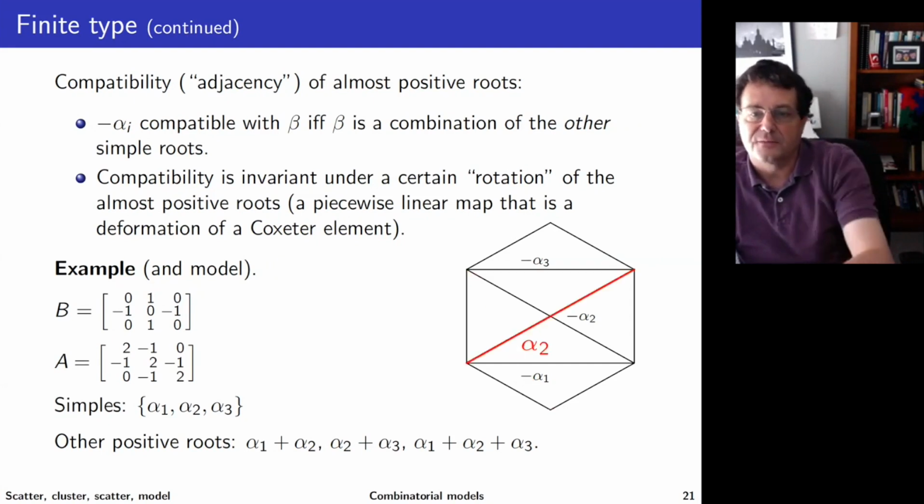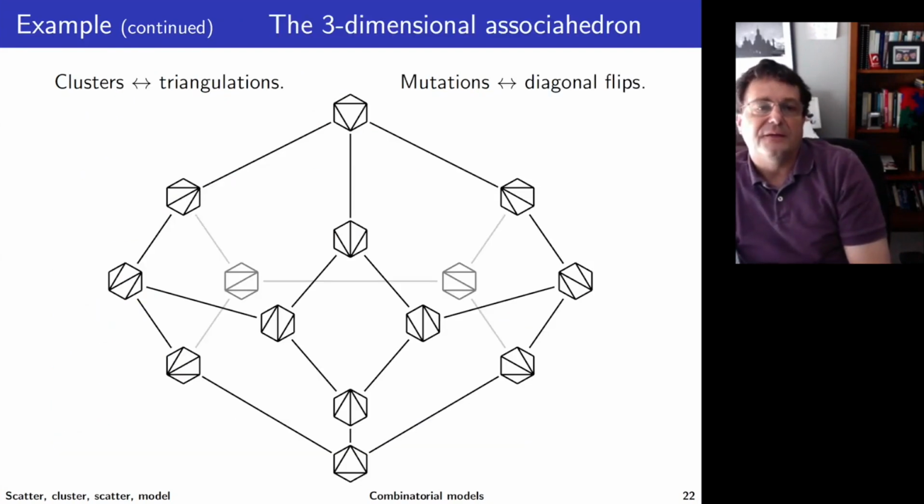In the case where your Cartan matrices are of type A, you're actually just doing triangulations and flips. You're getting the icosahedron. So this triangulation, for example, represents three cluster variables represented by the three diagonals of the hexagon that I drew in. And if I wanted to remove one of those, I'm moving to a different triangulation.